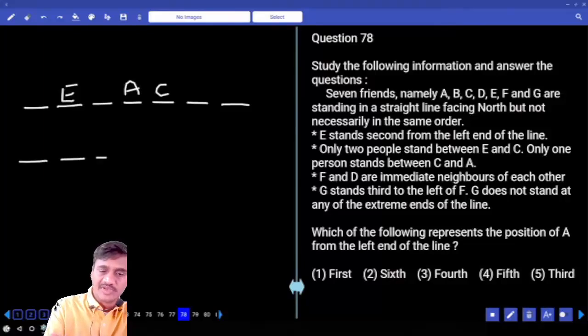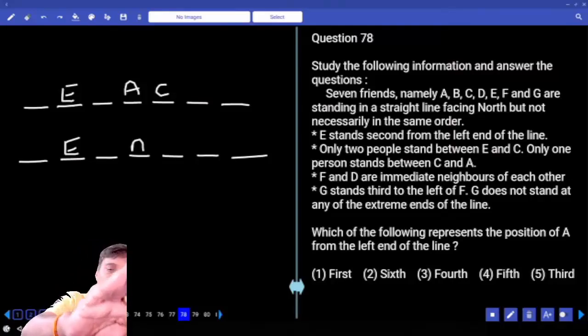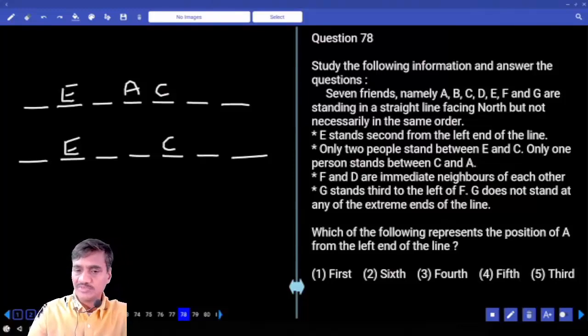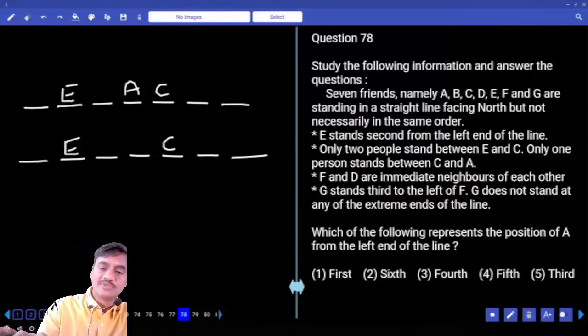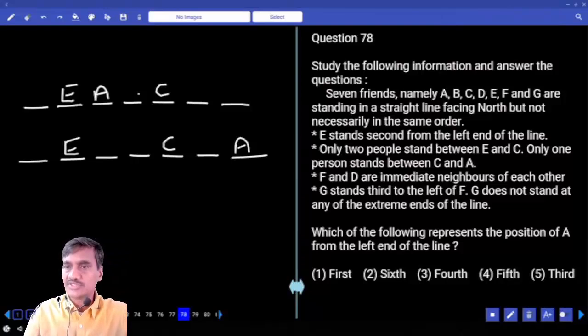Either A can be on the left hand side of C or on the right hand side. Now E is here, and only 2 people between E and C, and 1 person between C and A. In the first case, 1 person between C and A must be here. Done? 1 in between C and A.